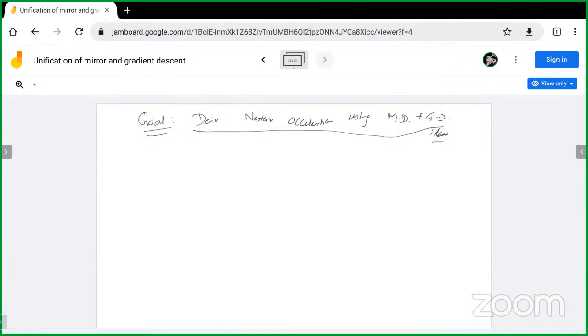So let me write what the algorithm would be. Both mirror descent and gradient descent have their own advantages, and the question is, can you combine them one after the other in such a way that you're able to get acceleration?